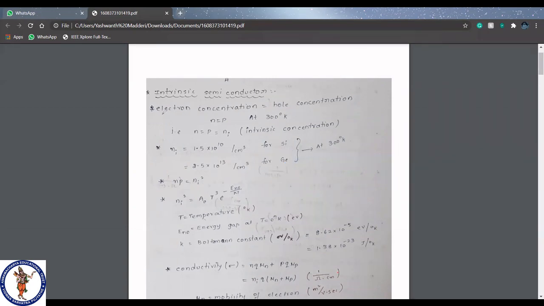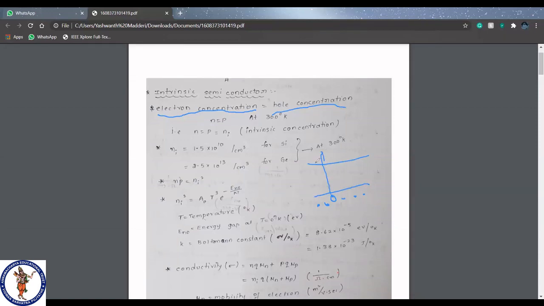Here we see in the intrinsic semiconductor, the total electron concentration and hole concentration are the same. It is because the number of electrons moving from the valency band to the conduction band leaves a hole in the valency band. For example, let's say there are 10 electrons in the valency band initially.